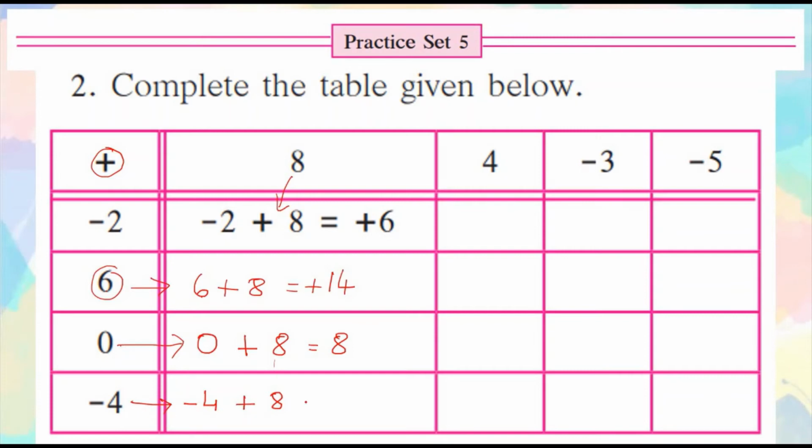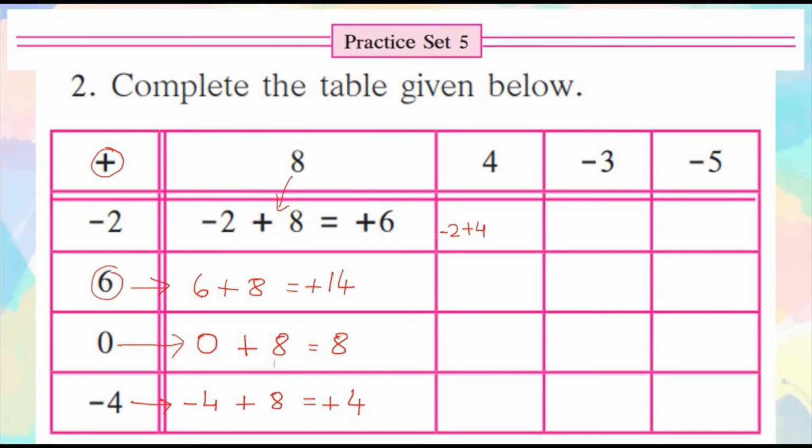Integers having opposite signs, so we are supposed to subtract. After subtracting, my answer is 4. And the sign of the greater number will be plus 4. Similarly, we are supposed to do it in the same way for the remaining numbers also. Let's do it. So minus 2 plus 4.